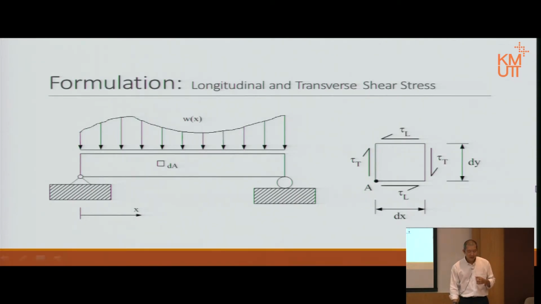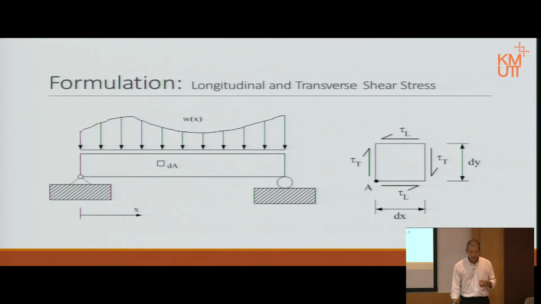In general texts, they use tau for shear, so to be consistent with them, we're going to use tau here as well. The transverse will be tau subscript T and longitudinal tau subscript L. And tau is going to be used for the general shear stress meaning.